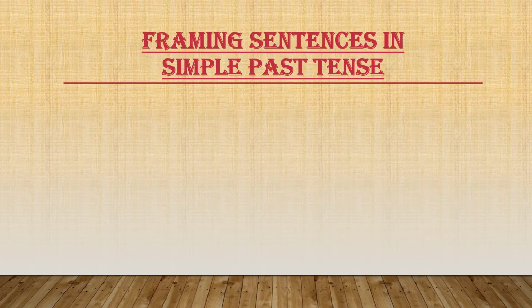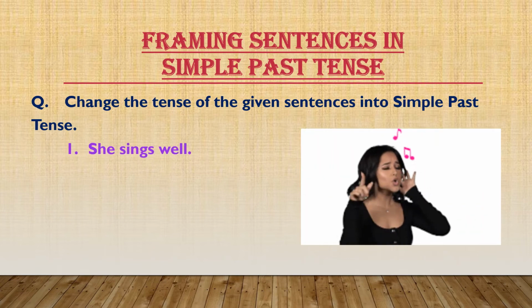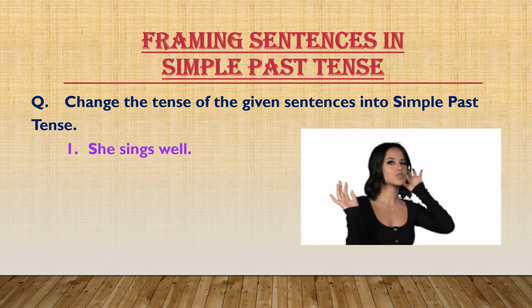Now it is time for us to practice whatever we have learned till now. So let us frame sentences in simple past tense. So first question that I have for you here is, change the tense of the given sentences into simple past tense. The first one, she sings well.